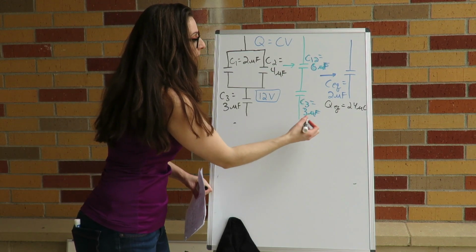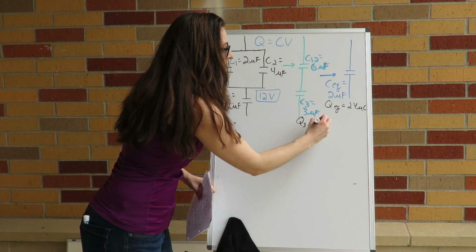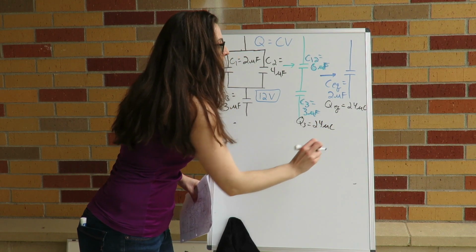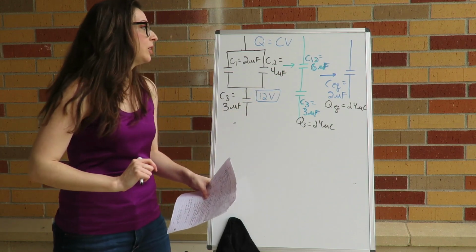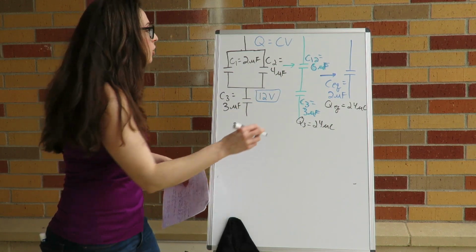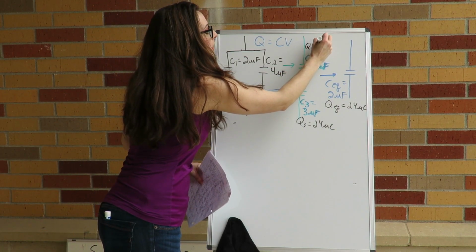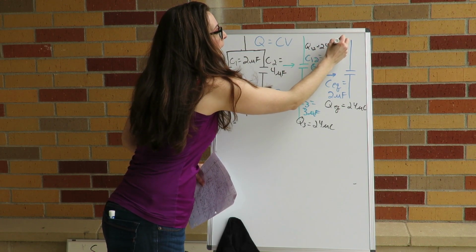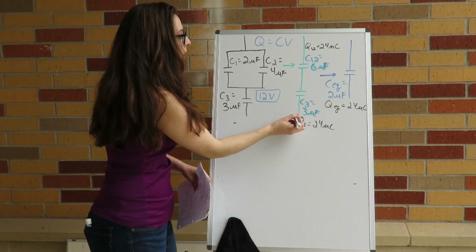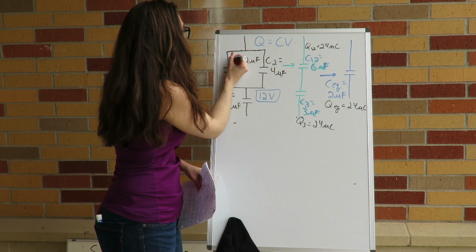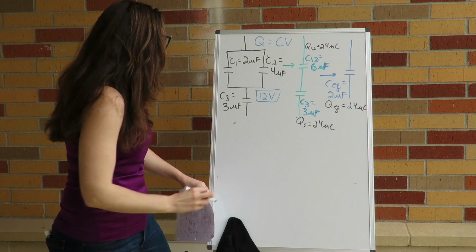So the charge on capacitor C3 is going to be also 24 microcoulombs. So that also means that our equivalent capacitor C12 has a charge of 24 microcoulombs on it as well. But we need to find the charge on the individual capacitors C1 and C2.